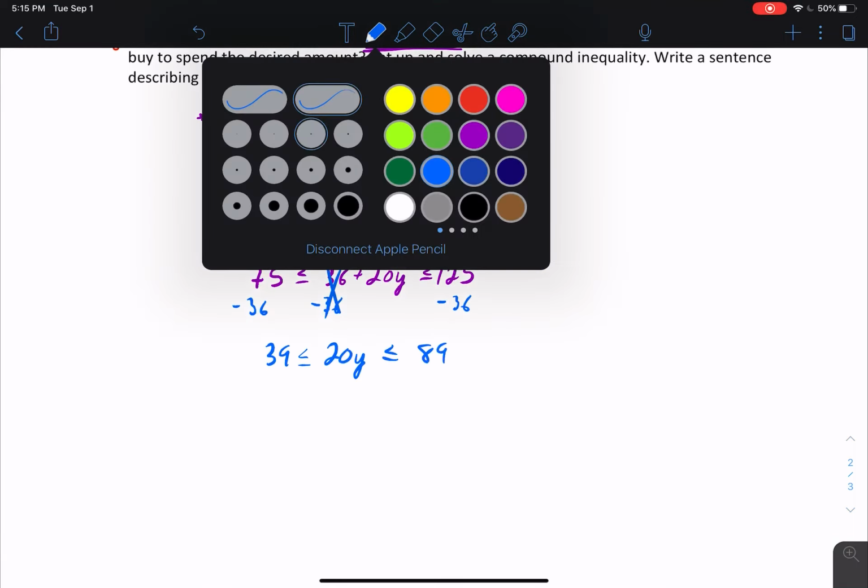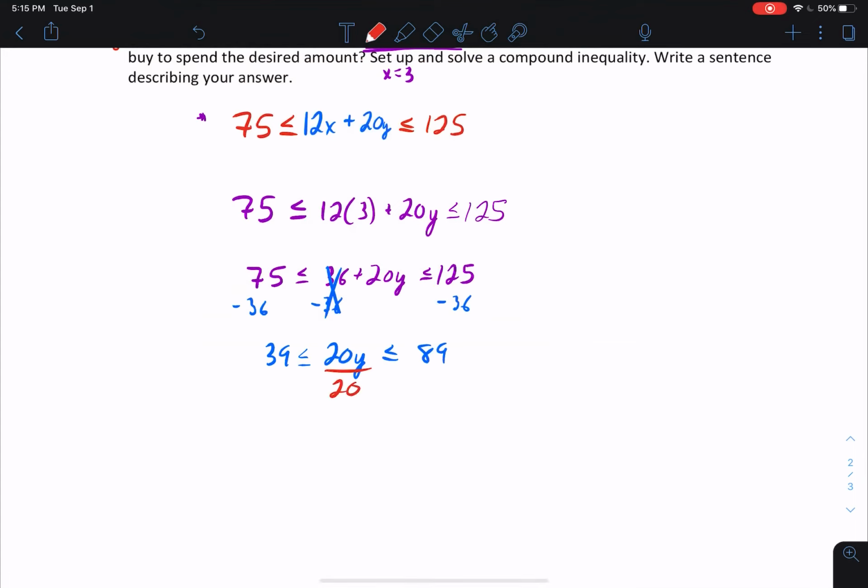All right, and then finally, I'm just going to divide every side by 20. 39 divided by 20, that's going to be 1.95, less than or equal to y, less than or equal to 89 divided by 20, which is 4.45.